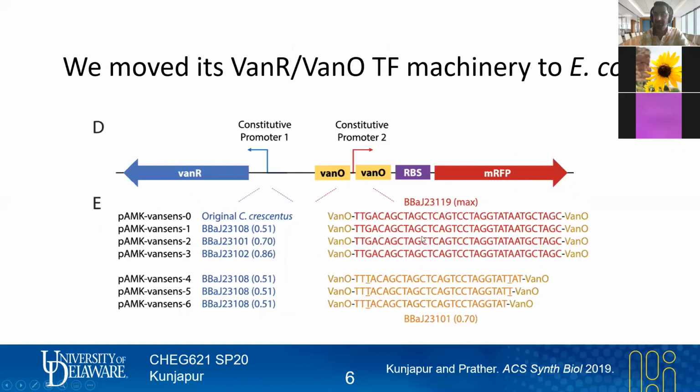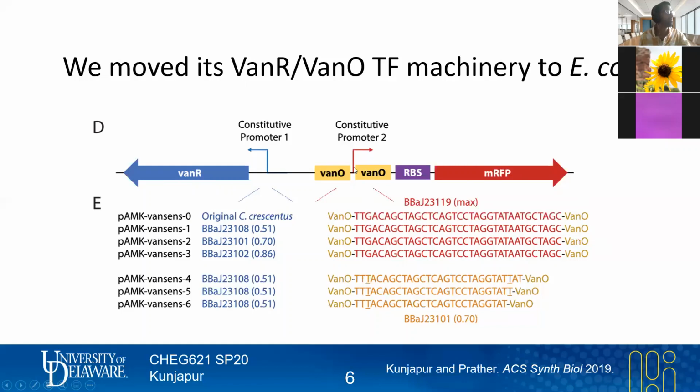And so, based on some of the lectures, really the last one, some of this may seem familiar to you, even if the nomenclature doesn't. These BBa J23 sequences are all from the Anderson constitutive promoter library that we talked about last time. And so we could set up in E. coli this framework of having the VanR from Caulobacter crescentus under a constitutive promoter where we could control the different expression strengths.